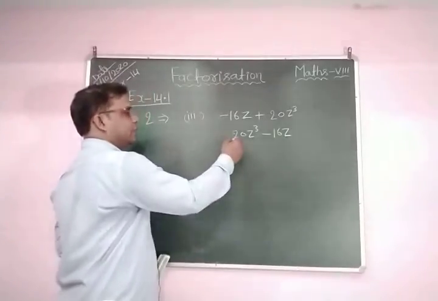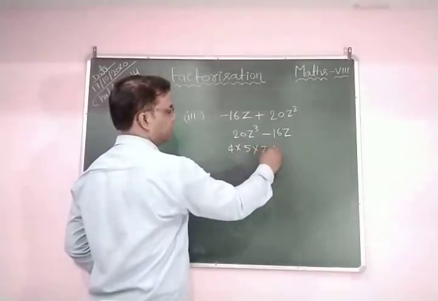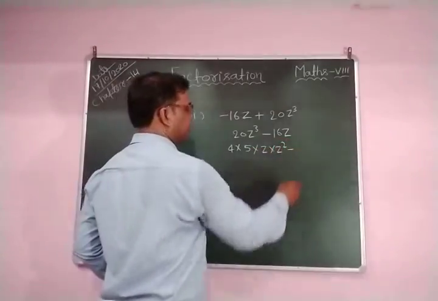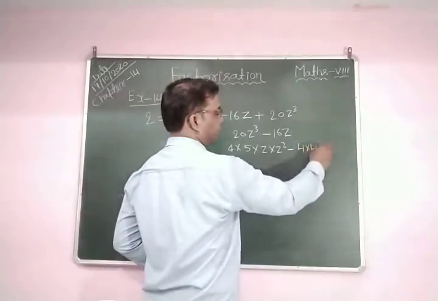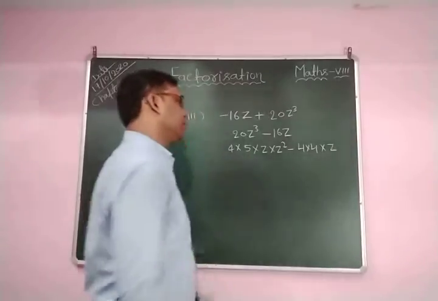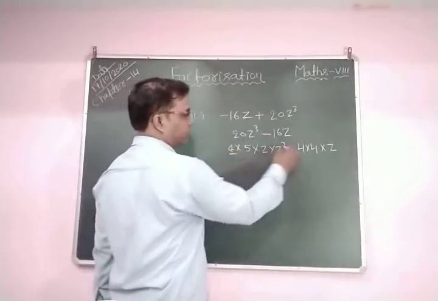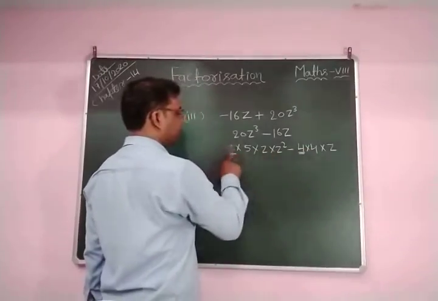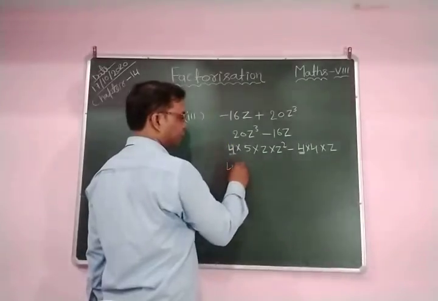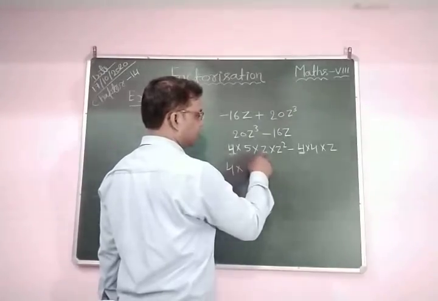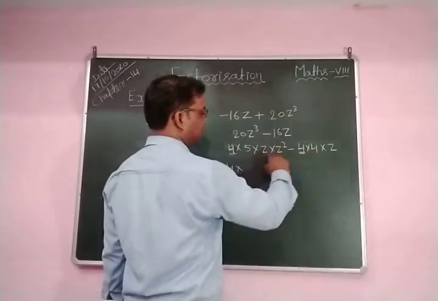You can write 20 as 4 into 5, and 16 as 4 into 4. So what is common between them? 4 is in both terms. Clear? So you write 4 into, next, here 5, here 4, so both are not common. Again 4 and z are common.